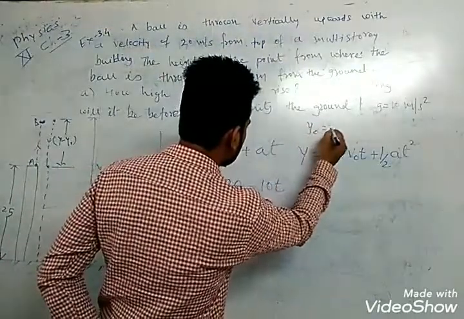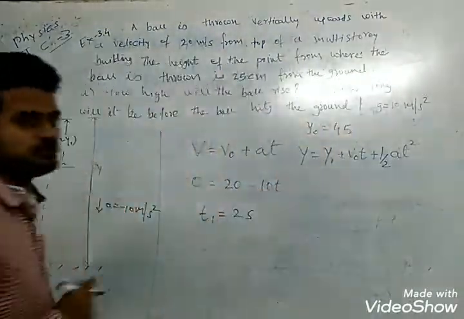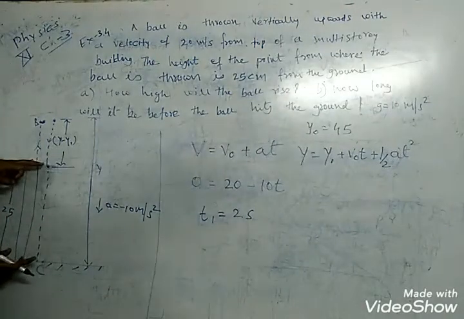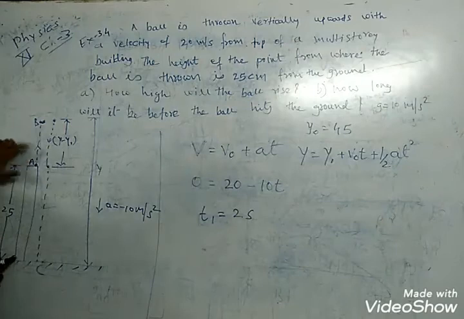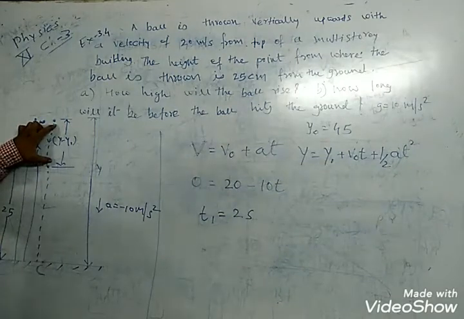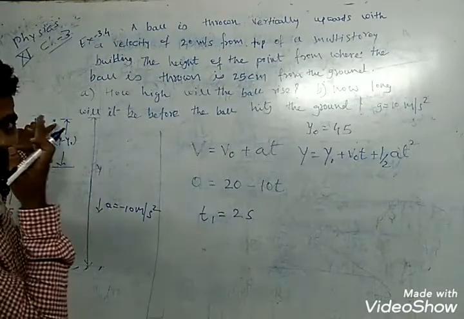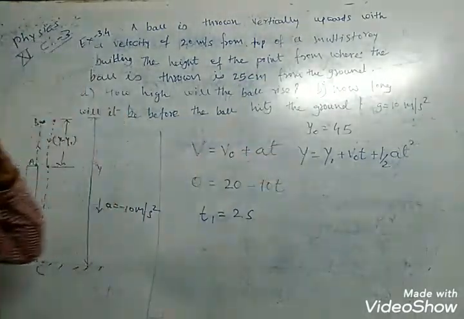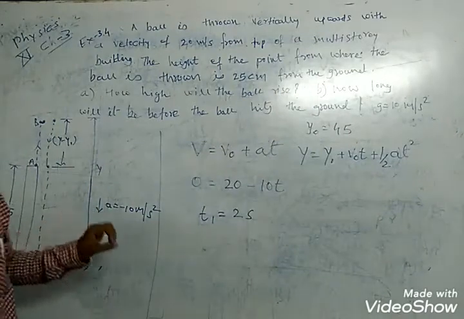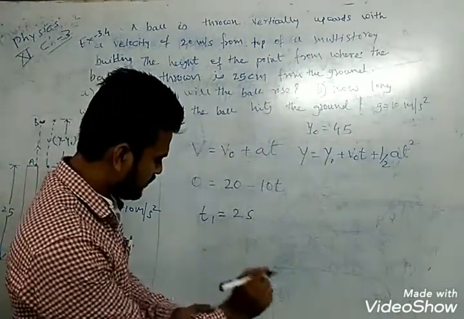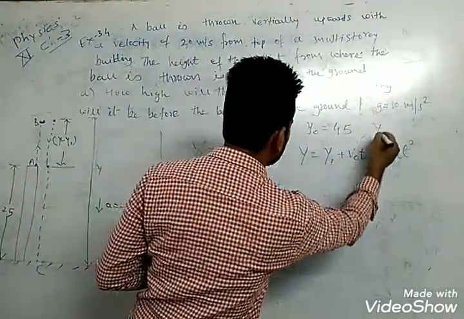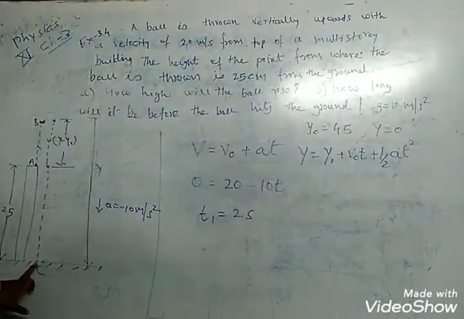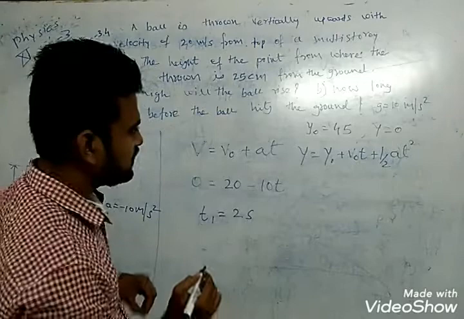So y0 is equal to 45. How? This distance is 25 meters, plus y minus y0 equal to 20 meters, so total y0 is equal to 45. The final y, at the lower point, is equal to 0.